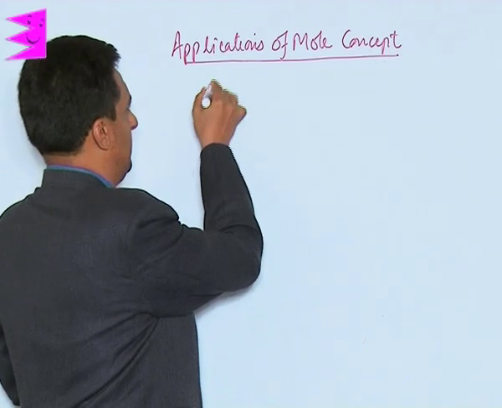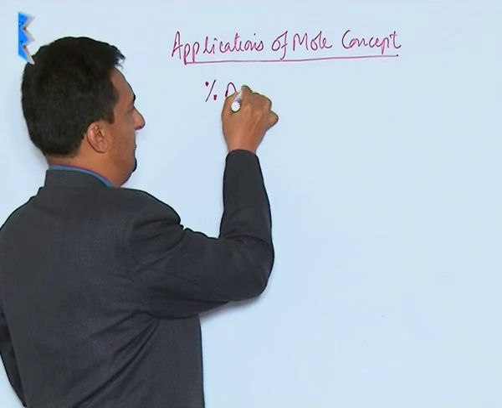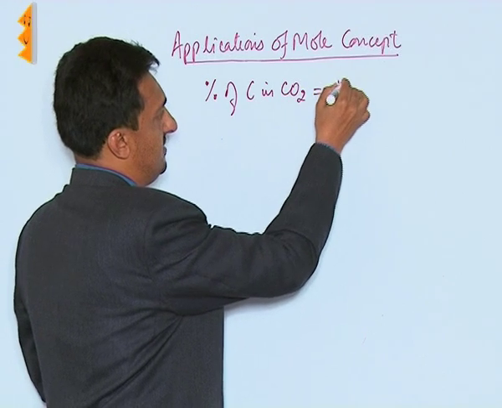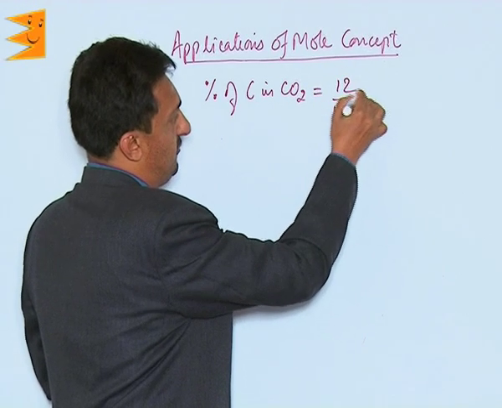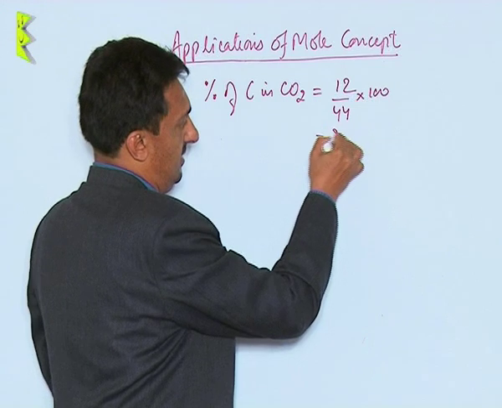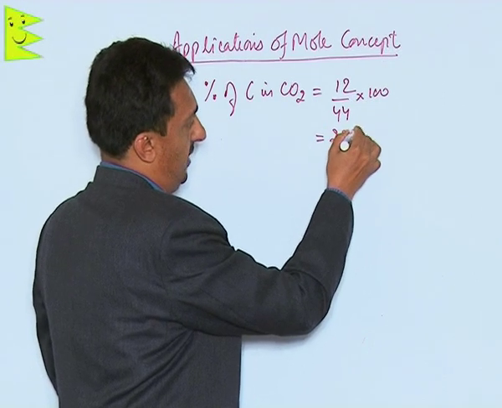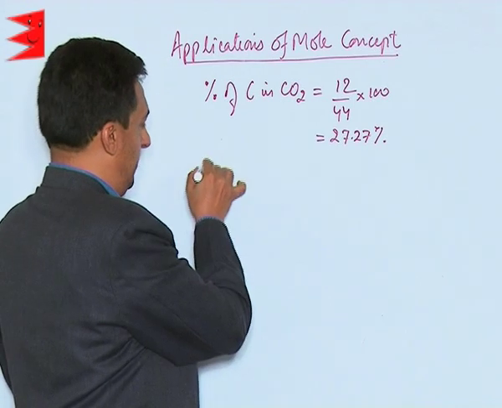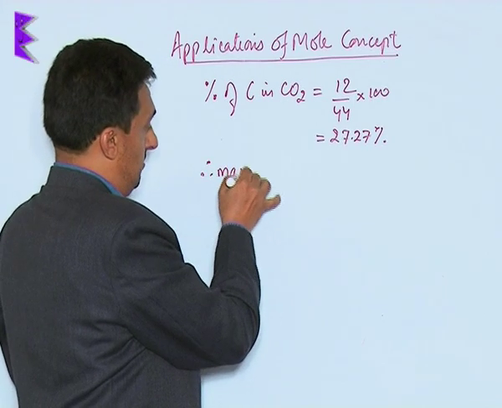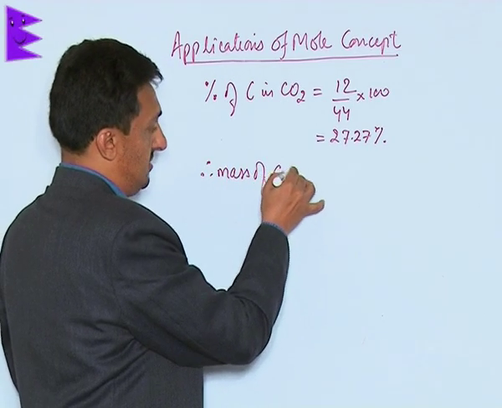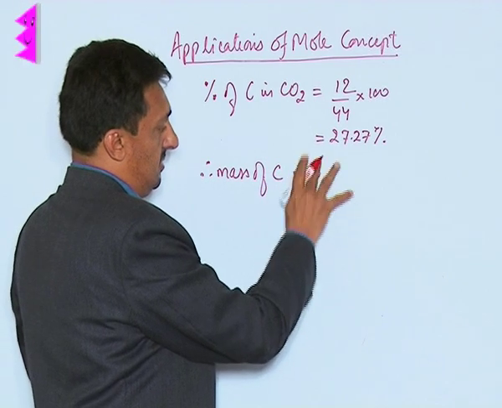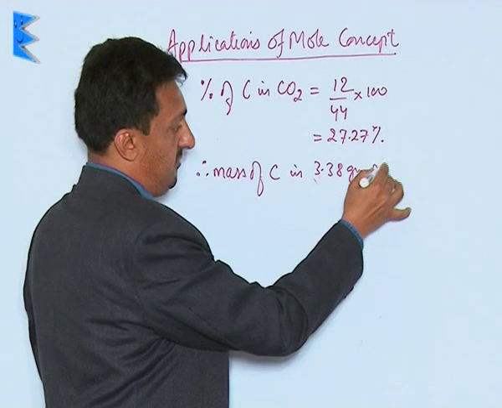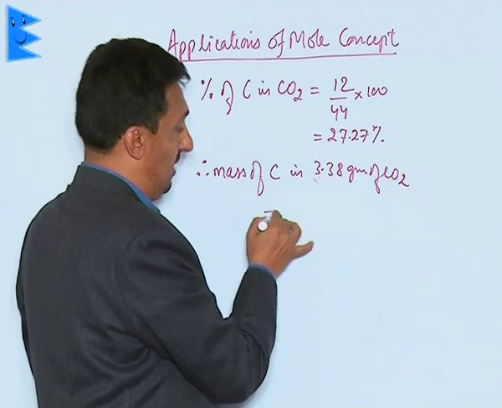We know percentage of carbon in CO2 is 12 by 44 into 100. It is 27.27%. So, therefore, mass of carbon in 3.38 grams of CO2 will be how much?